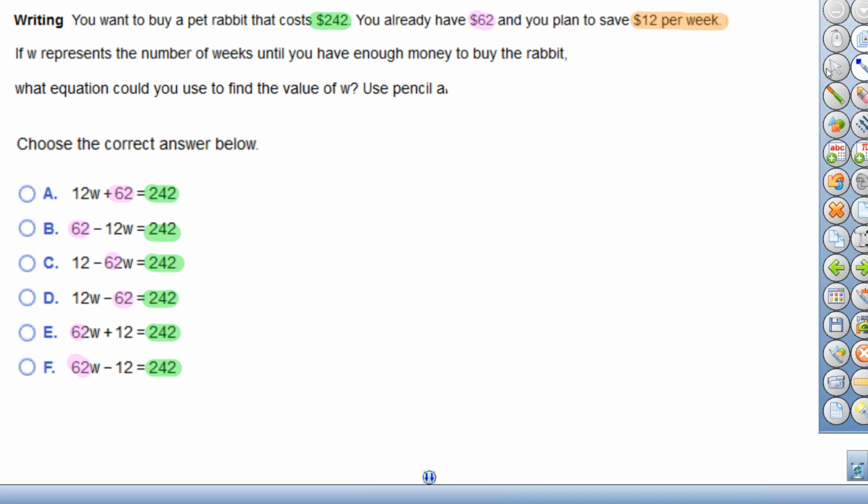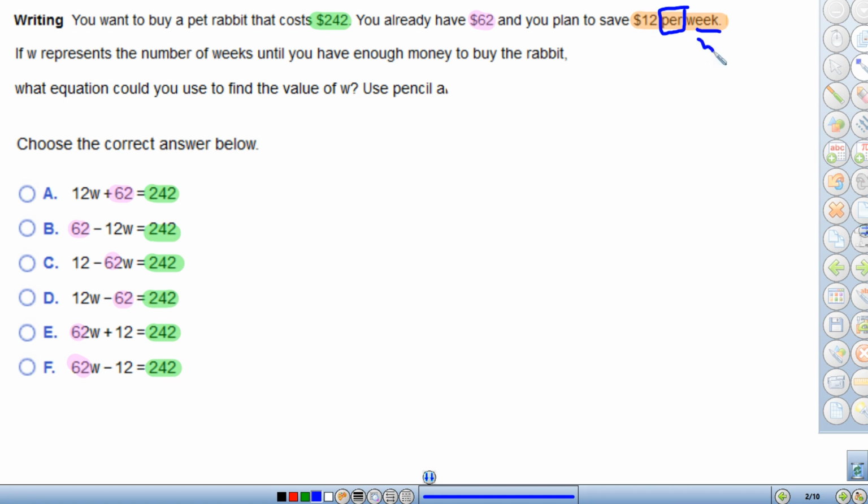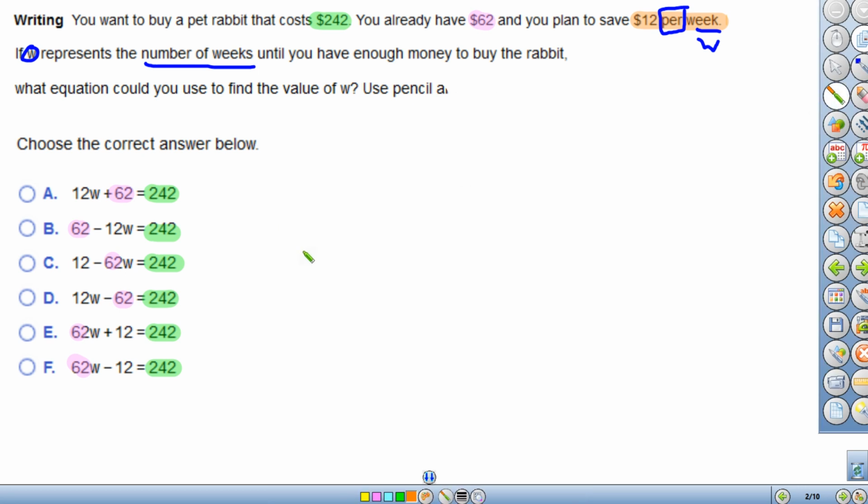Now listen, when you see this word per, I want you to think that's going to be the variable, because it depends on the number of the things that come after. So in this case, it's $12 per week, or $12 every week. So it depends on the number of weeks. So that's going to be your variable. And they're using W for the variable, as it says right here. If W represents the number of weeks until you have enough money, let's find the equation. So 12 per week, so it's like 12 times the variable.